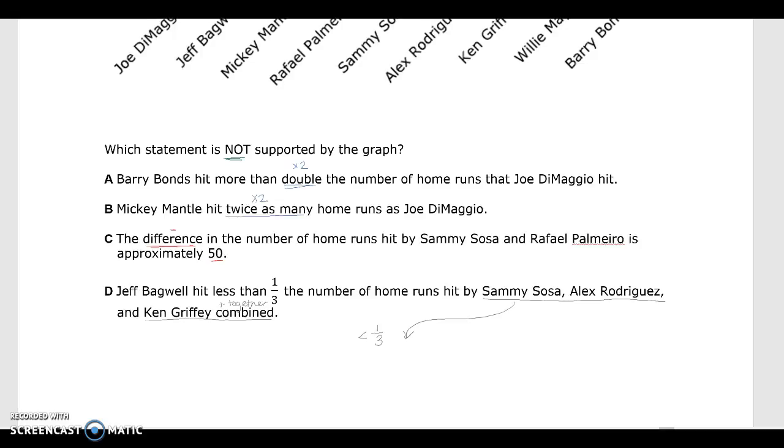And that amount goes here. And then Jeff Bagwell hit less than 1/3 of all that. So Jeff Bagwell is going to go here. And then your total of those three would go here. So 1/3 of the total. So either you multiply by 1/3 or divide by 3. And they're saying Jeff Bagwell is less than that amount.